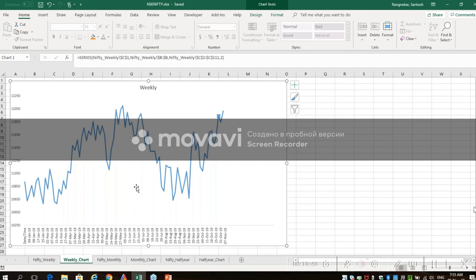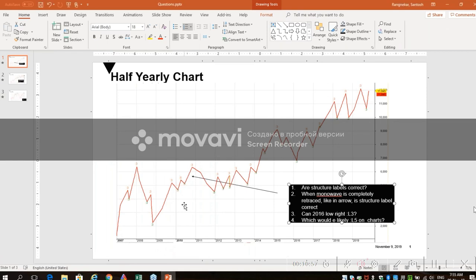So I just wanted to confirm on this chart whether I had marked those numbers properly over here. It is the same chart which is along the timelines. So that's what I wanted to understand, whether my markings are appropriate or not in this chart.